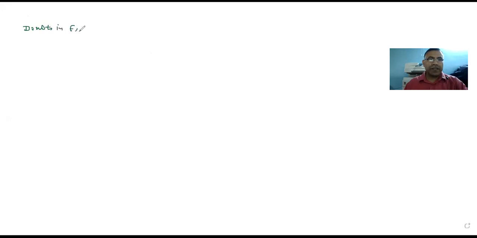Doubts in exercise 10.2. Mohit, Paramveer, Tarnika Jain, Pratham.